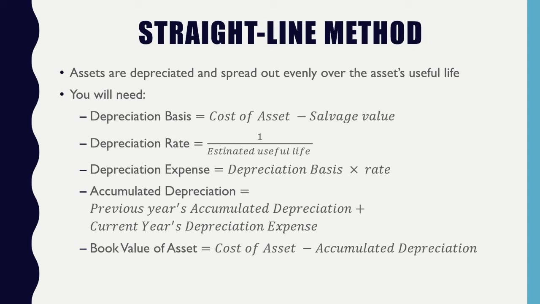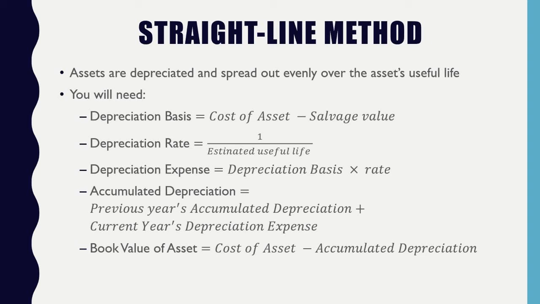There are no fluctuations or anything. You're at a constant rate and a constant amount that is being depreciated every year. And it's one of the most commonly used methods because you don't have to deal with that many calculations. You only need to do one or maybe 2 calculations and you're done, right?